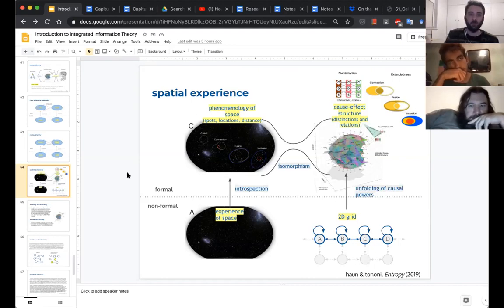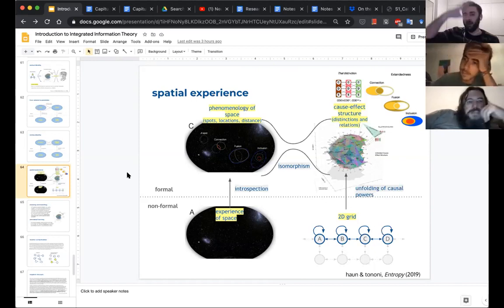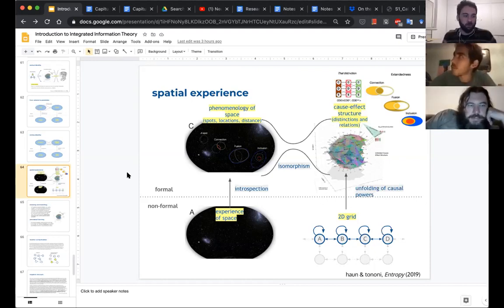That implies all the axioms in a certain way. It implies that it's bounded, and that mechanisms and systems are exclusionary. But it also implies that this is the case for a certain integrated space, and not in general, right? So it seems to imply multiple axioms, but the result seems very much connected with this.